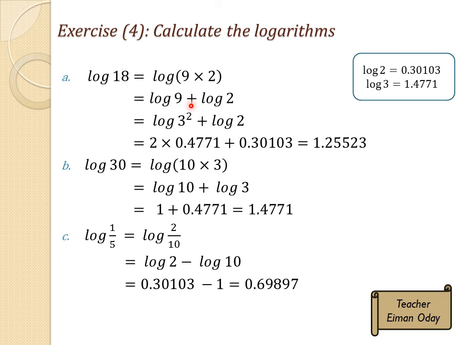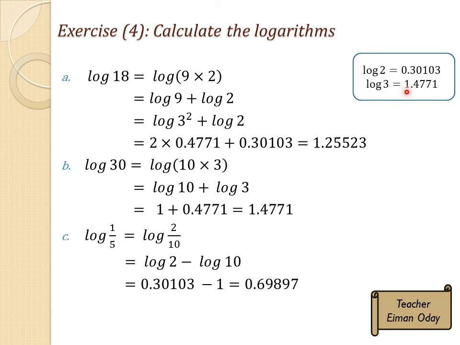Okay, so this is logarithm 9 plus logarithm 2. For logarithm 2, this is easy because I have the value directly, I can substitute it. But for 9, I need to make it 3 power 2, and then this 2 will be multiplied by the logarithm. This is 2 times logarithm 3, which is also given.